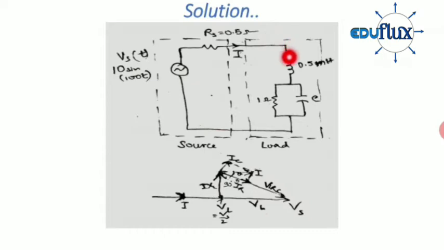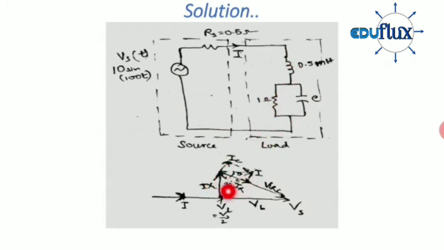Then the voltage drop across the 0.5 millihenry inductor is drawn as 90-degree leading the current. Then the load voltage phasor is known. So the voltage across this RC parallel combination can be found by joining this, as the voltage across the inductor plus voltage across the RC will give the load voltage.